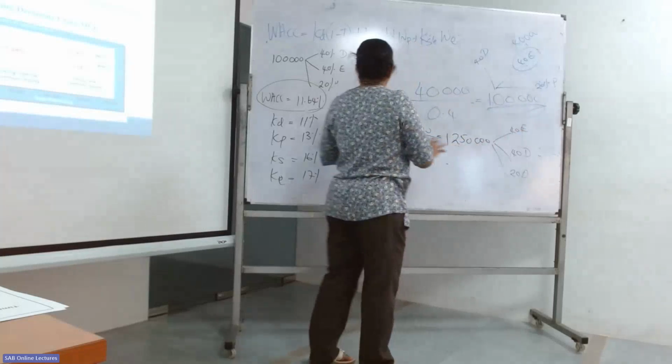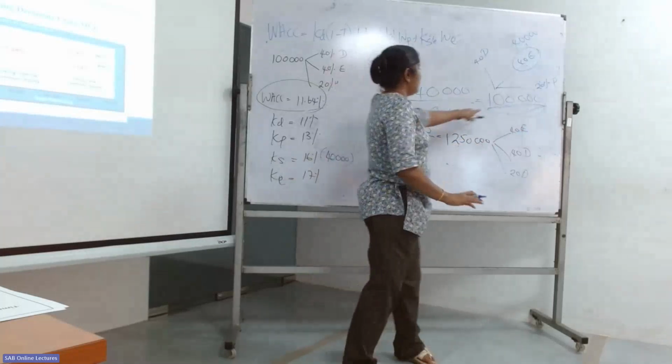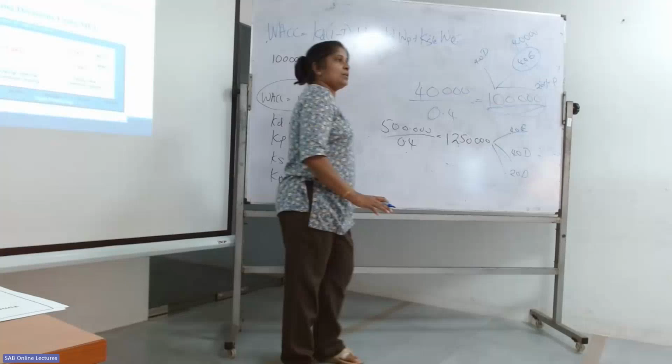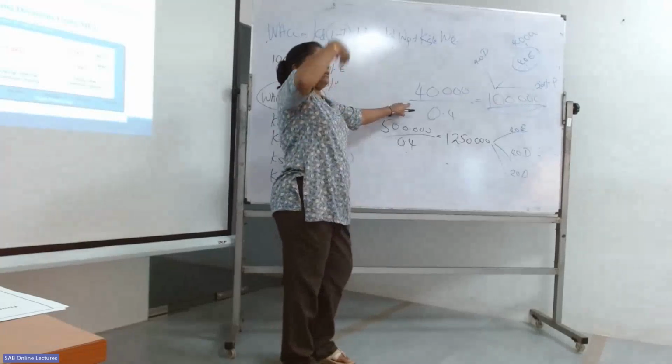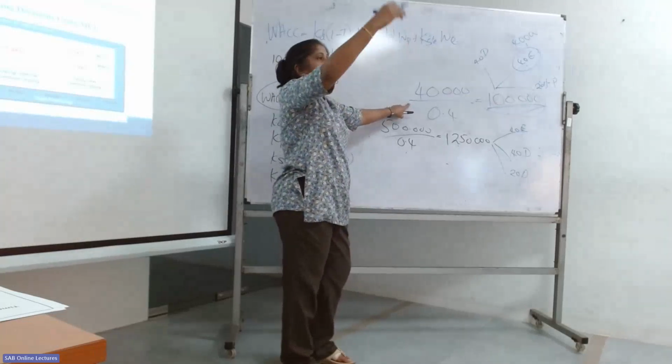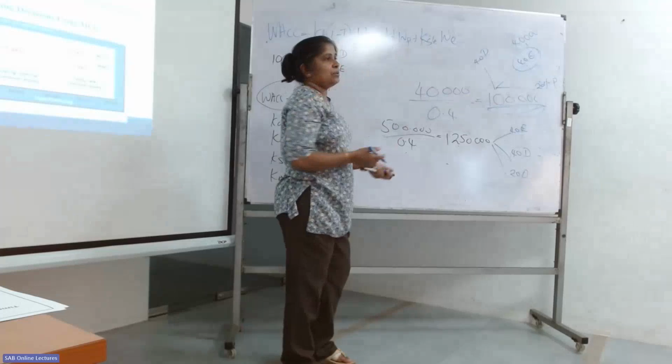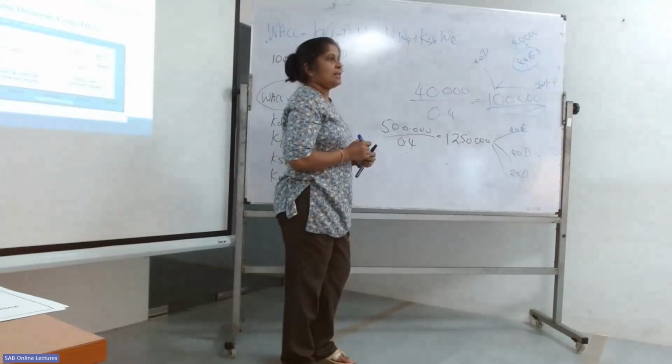Up to 40,000 is retained earnings. Retained earnings theory, 100,000, okay. But if you increase the capital beyond 100,000, you have to issue new shares. That is the breakpoint.